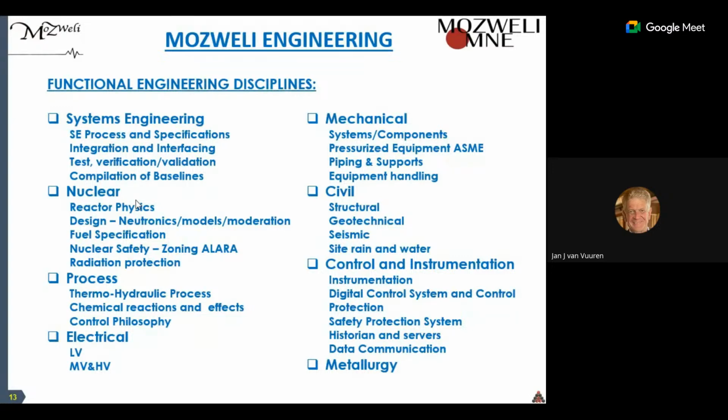Then a critical aspect of systems engineering in this process life cycle: we break it down into phases. So we compile baselines at the end of every phase so that we can manage from that baseline for the next phase.